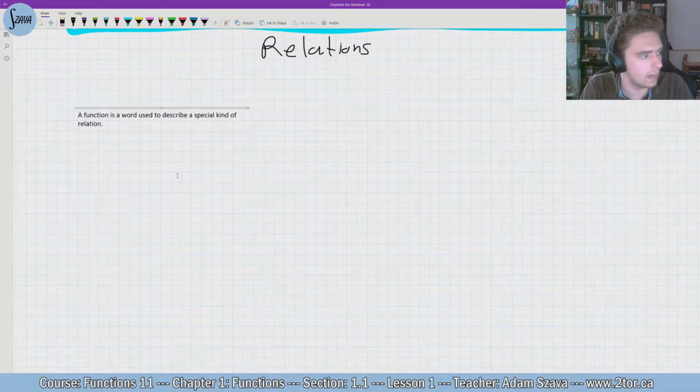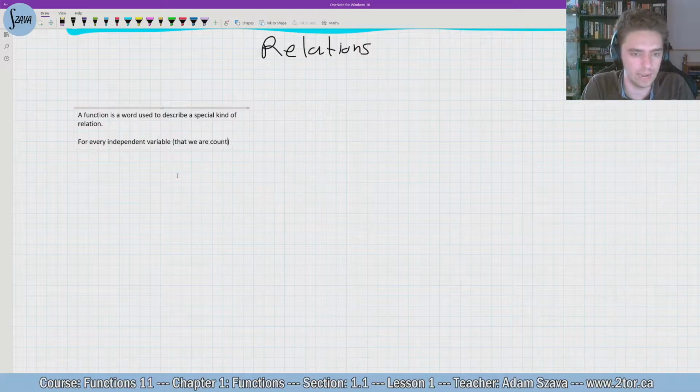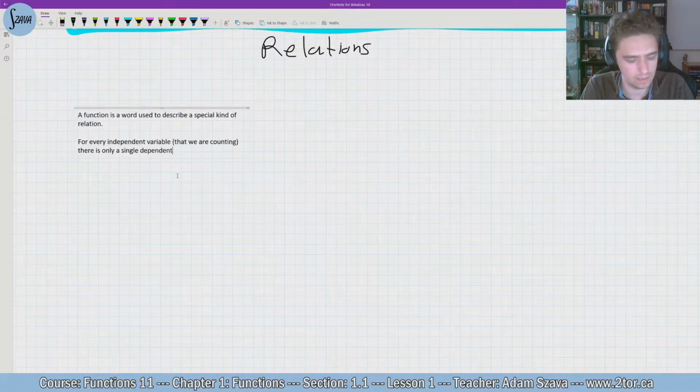So the biggest issue here is for every independent variable (I'll say in brackets that we are counting, and I'll explain what I mean by that in a second), there's only a single dependent value that corresponds. And I use the word corresponds a lot in this course, right?